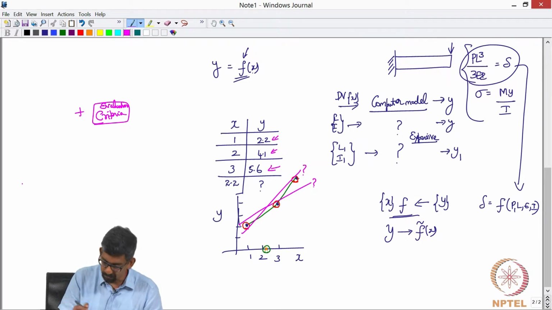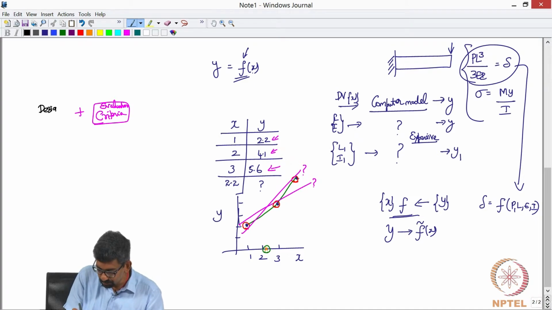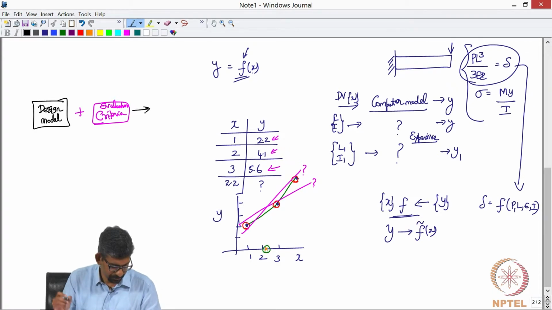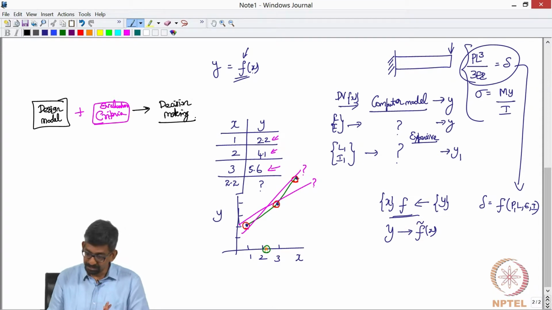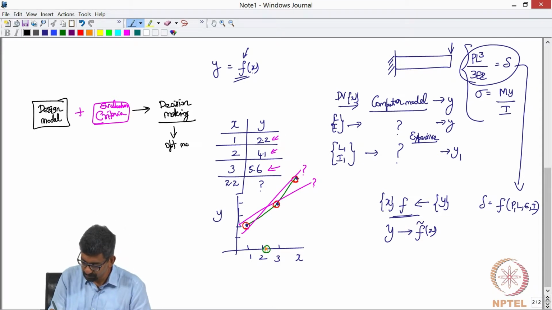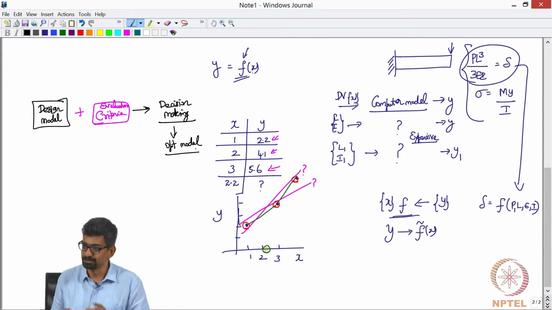I do not know how good this is. I will say the design model kind of takes you to your decision making. In whichever field you are looking at, this is what we are looking at.